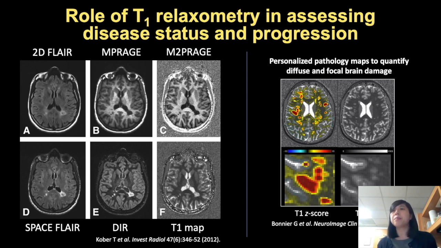So in this paper here, done by Cristina Granziera's group in Lausanne, MS lesions were basically visualized, and T1 relaxation times were quantified within the MS lesions, which were then used to calculate a T1 z-score. And these z-score maps showed that the lesions often appear to be larger than the manually segmented lesions, probably due to areas of increased T1 relaxation times surrounding the MS lesions that were not perceived as lesions per se by expert readers.